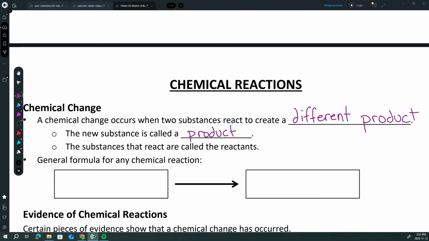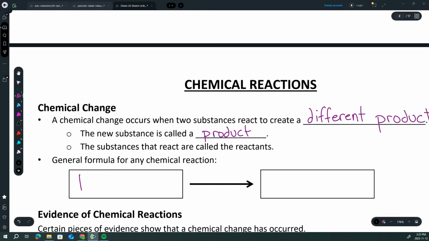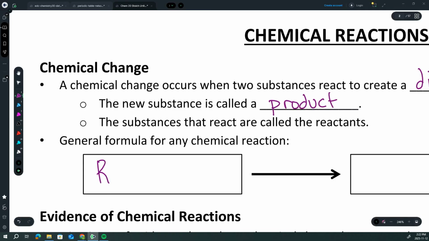Your products are always going to be on the right-hand side of a reaction arrow, and your reactants are always going to be on the left-hand side. So the general formula for any chemical reaction starts with your reactants, the things that are reacting together.